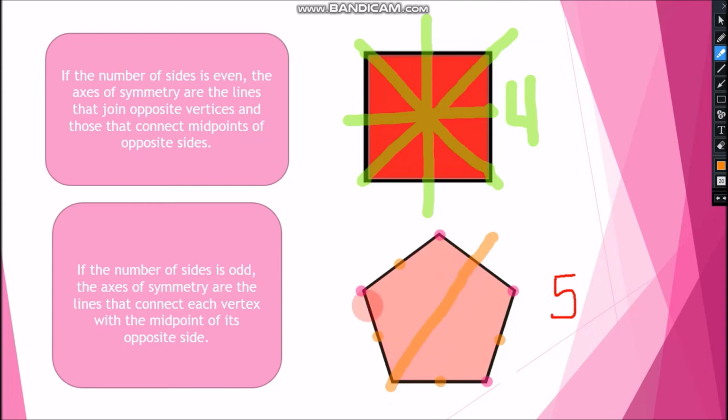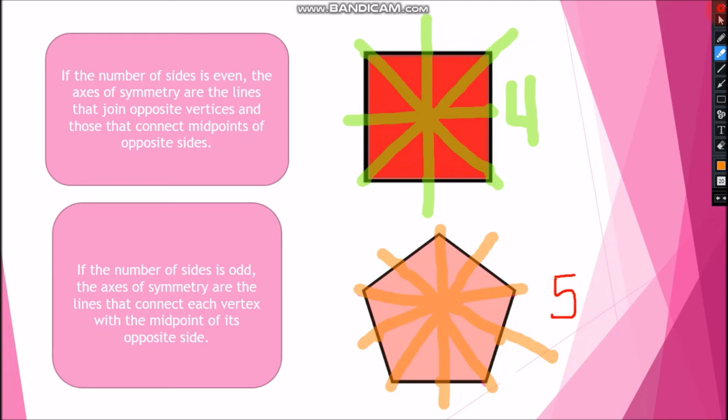Voy a unir ahora este vértice con el punto medio opuesto. Voy a unir este vértice con el punto medio opuesto, es decir, este punto, y este vértice con el punto medio opuesto, es decir, este.